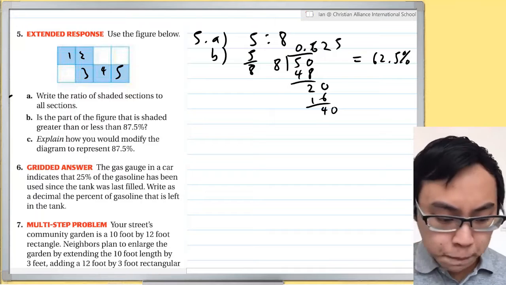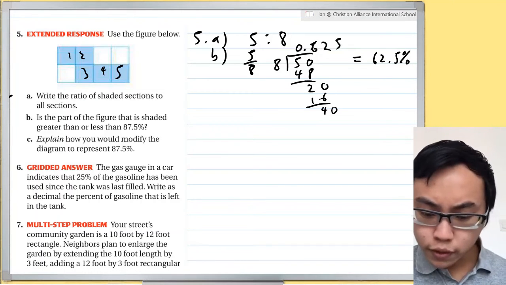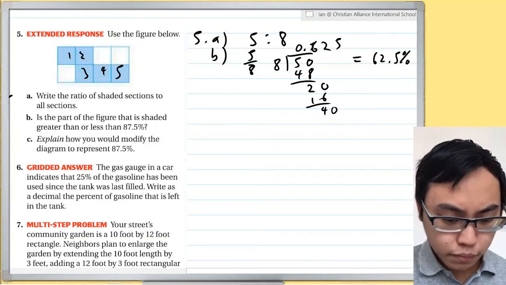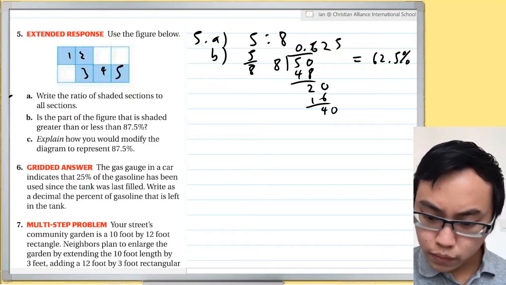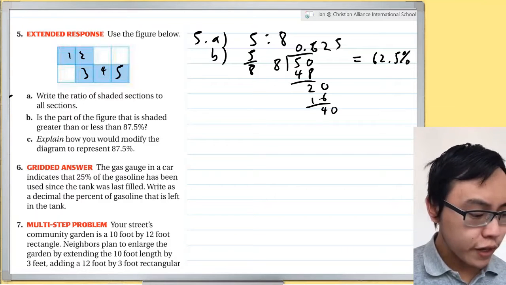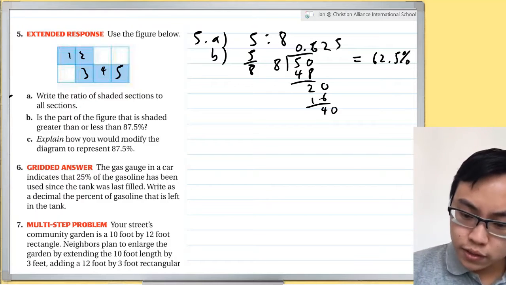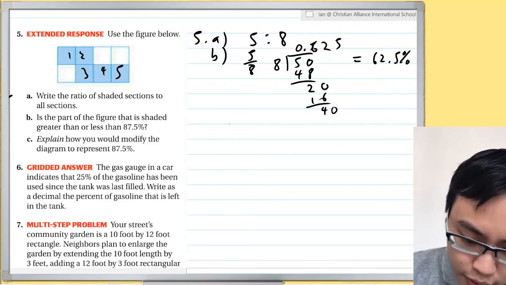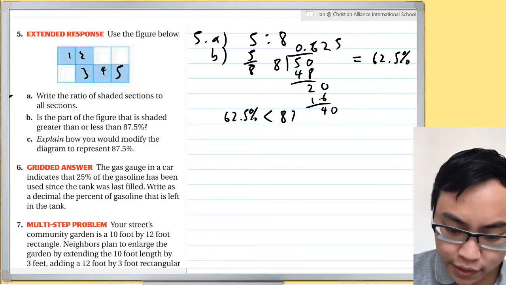So, is the part of the figure that is shaded greater or less than 87.5%? That's less, unless I made a mistake, right? 5 shaded out of 8, that's 0.6, that's 60. Yeah, so you would answer it: 62.5% is less than 87.5%.